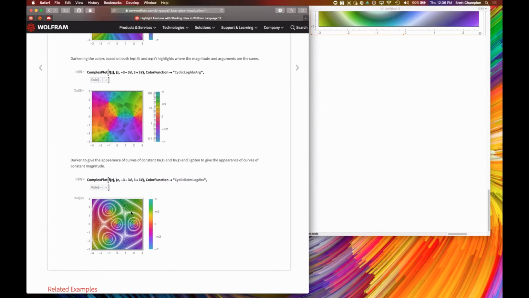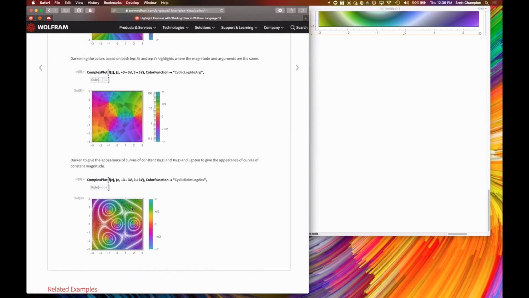And the real and imaginary parts are being done as a dark banding, similar to this one. So you can see where you have your real and imaginary contours, in addition to the dark curves that become apparent.